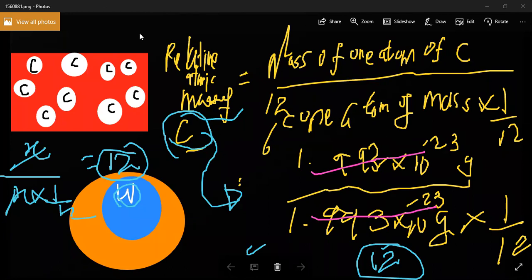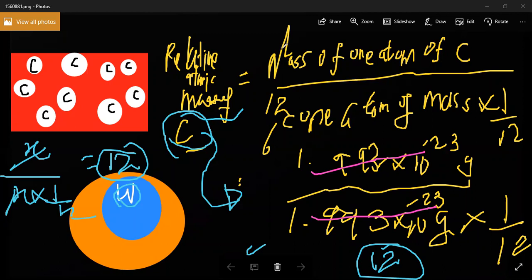I am talking this much so that you understand, because I studied A level, O level, and only in my university times did I understand this.